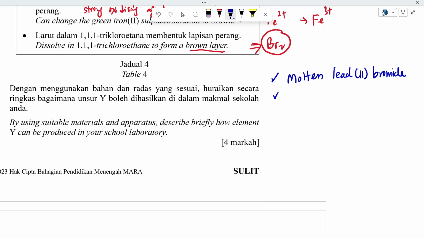Otherwise, in the solution, hydroxide will be selected to be discharged, right? So what condition? Concentrated. Any solution, but don't choose an insoluble salt. For example, potassium chloride solution. Sorry, not chloride, it should be bromide, no?